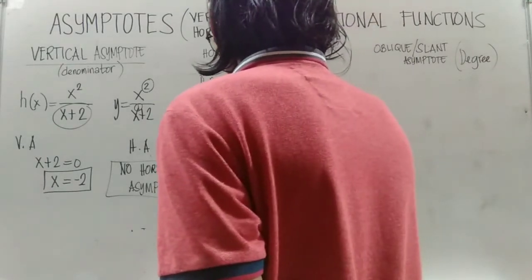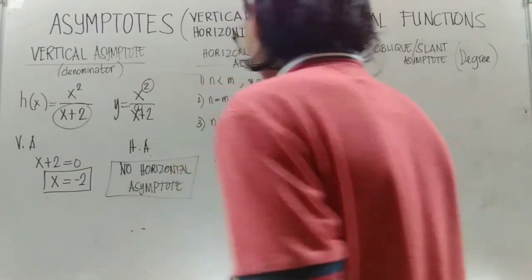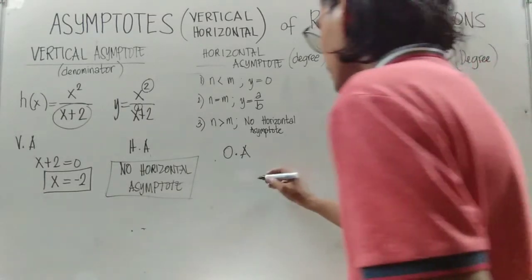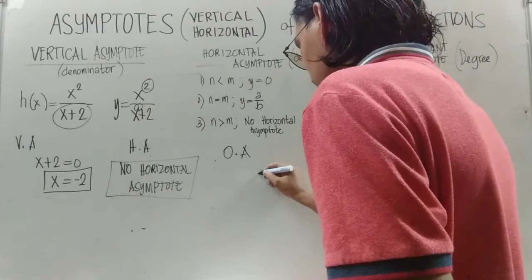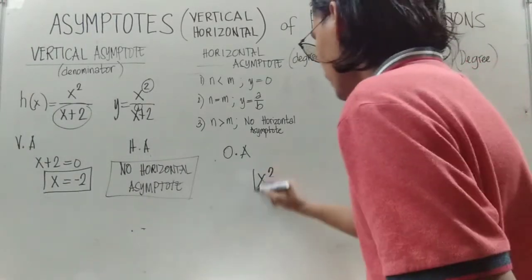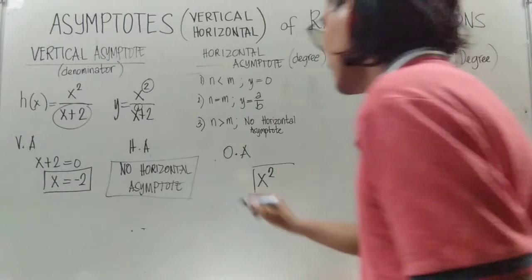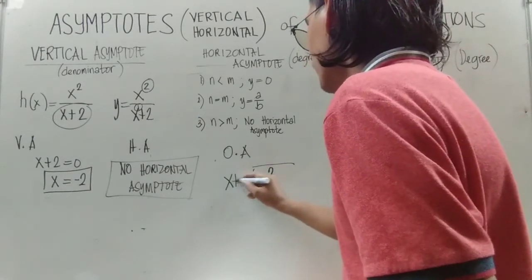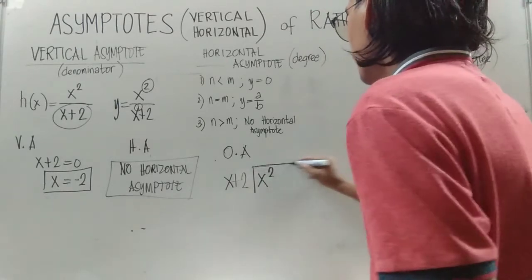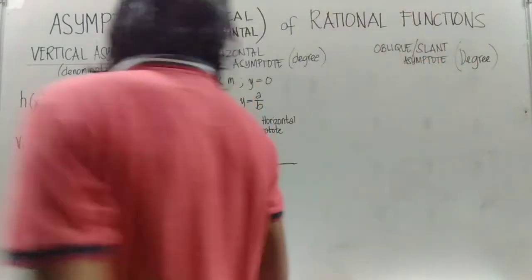For your oblique asymptote, we have to divide your numerator by your denominator like this, using the long method of division.